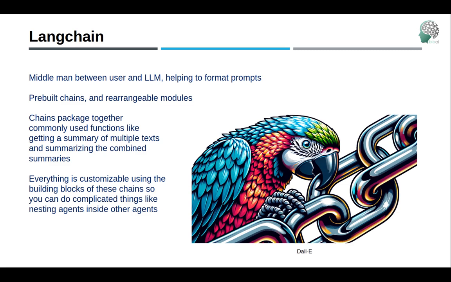So where the name comes from, this chain idea, is having chains of these commonly used features. One example would be if you wanted to get a summary of a large piece of text that was too big to send all at once to a large language model. One way you can do that is split it into smaller pieces, and then ask for a summary of each piece, and then submit all the summaries, and then ask for a summary of the summaries.